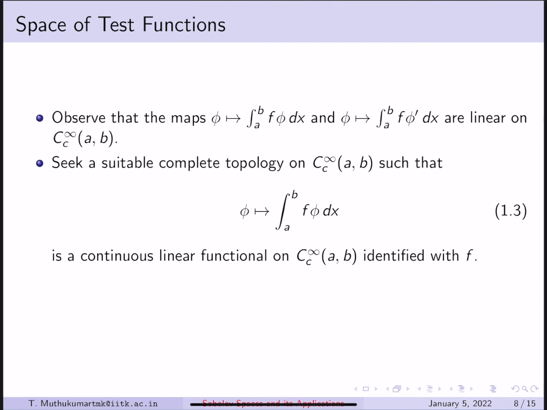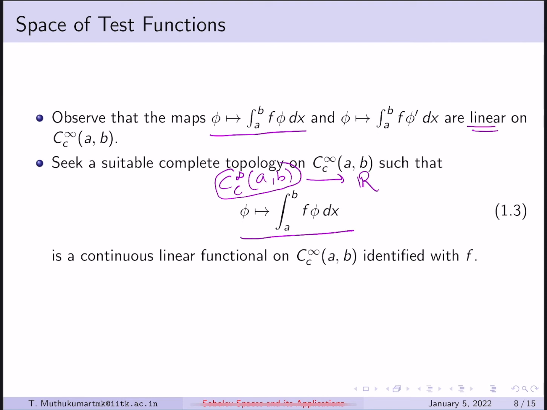So now once you think of this map as a map from C_c infinity of AB to R, right? And it's a linear map. You can very easily check, right? It's a linear functional on the space of all infinitely differentiable compactly supported functions.